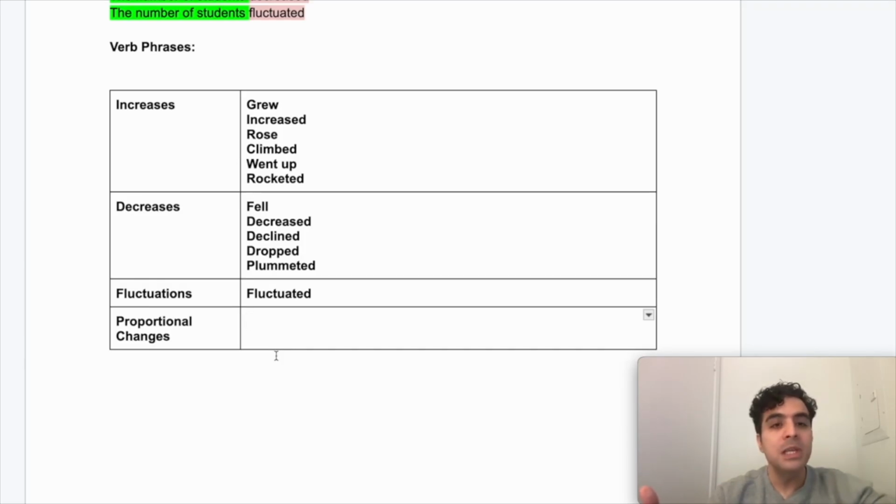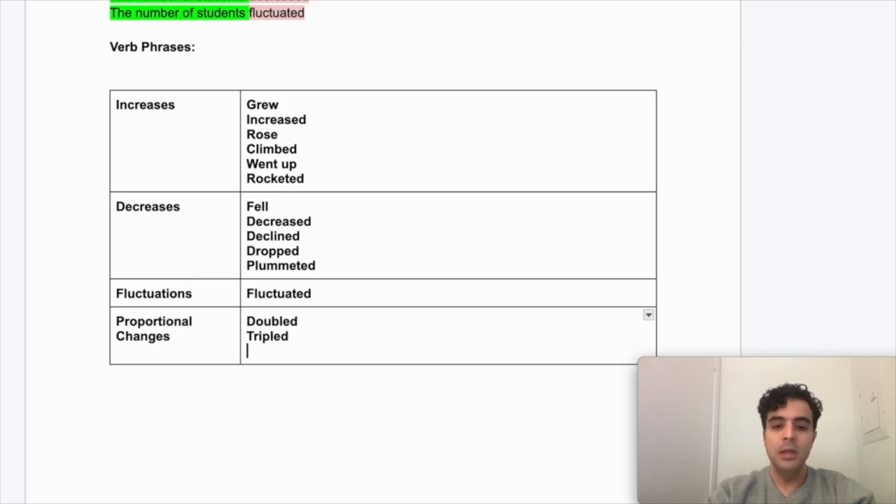What verbs could we possibly use to describe this? Well, you could say it doubled. So when something goes from 20% to 40%, it has doubled. If it goes from 30% to 90%, then it's tripled. If it goes down from 50% to 25%, it has halved.